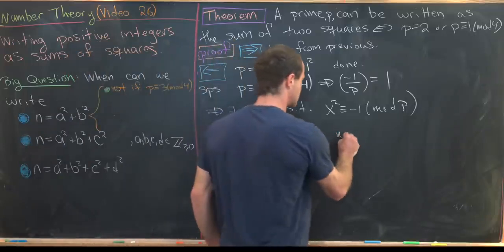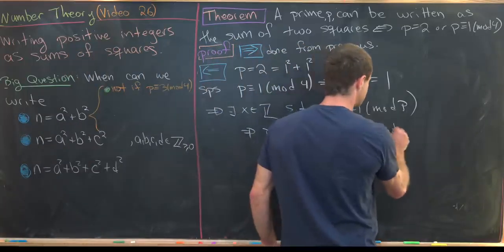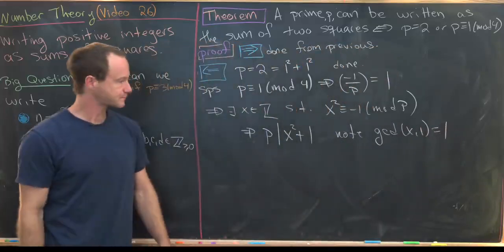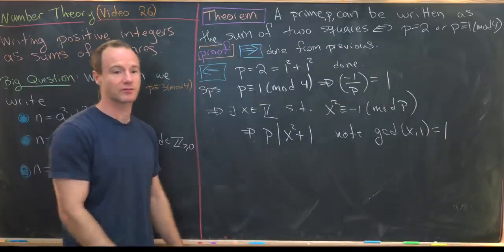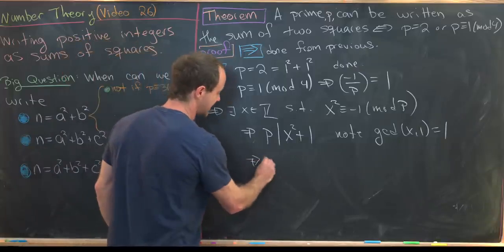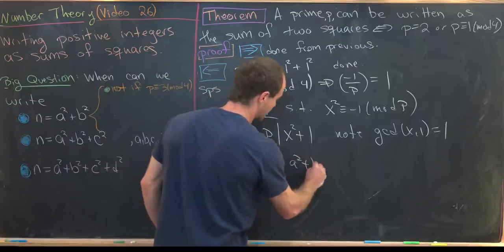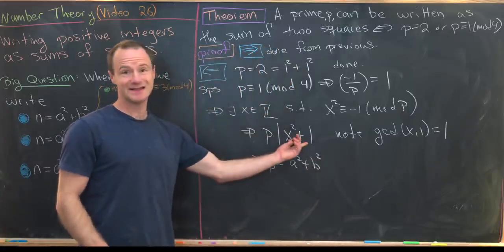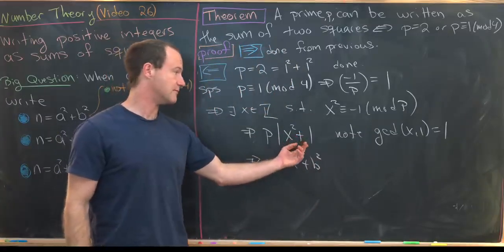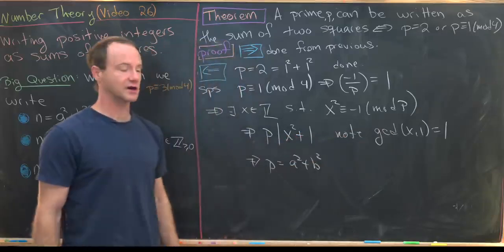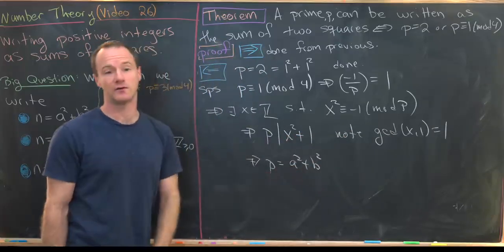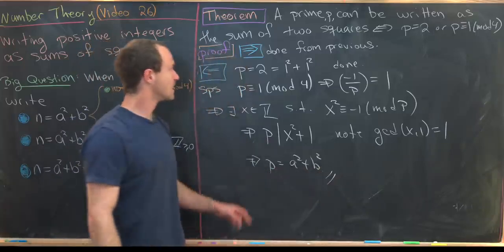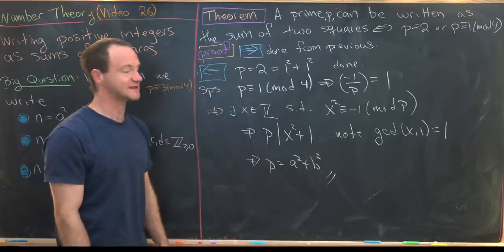And let's notice real quick that the GCD of x with 1 is obviously equal to 1. But now we can apply our previous lemma to say that P is equal to a squared plus b squared. Remember, if P divides a sum of squares that are made up of relatively prime parts, then that prime itself is a sum of squares. But that's exactly what we wanted to end up with. Okay, so that finishes the proof of this theorem.